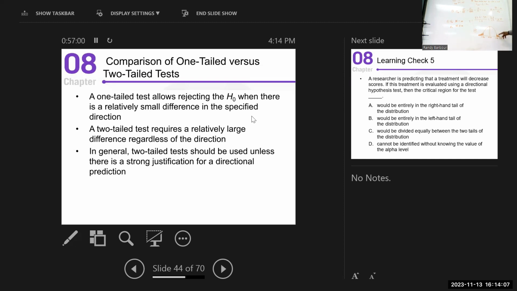Outside would be less than 1.96 or greater than minus 1.96, and then you would fail to reject. But since it fell in the orange region, that means you reject it.